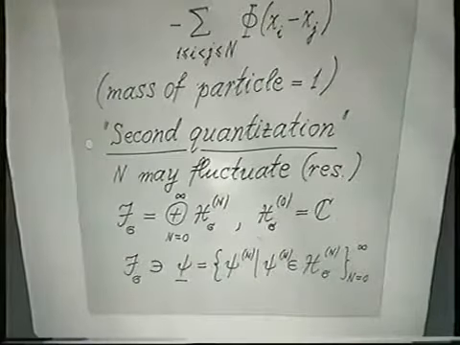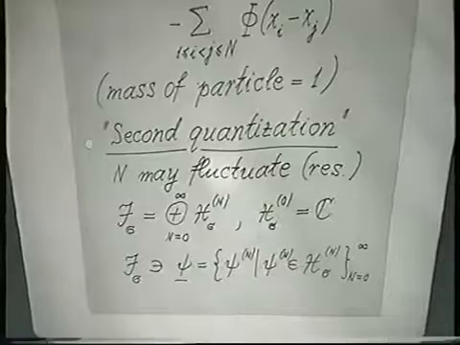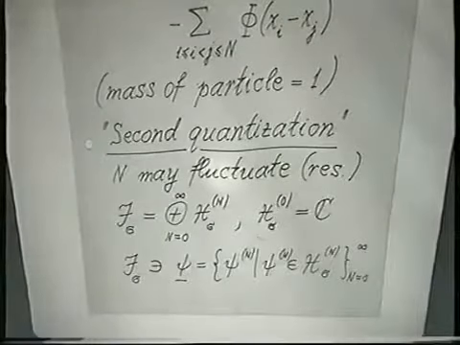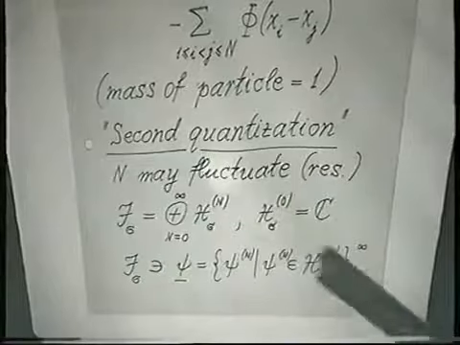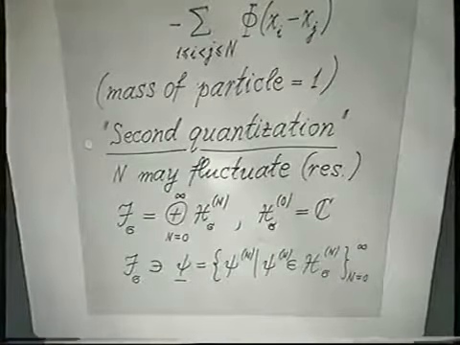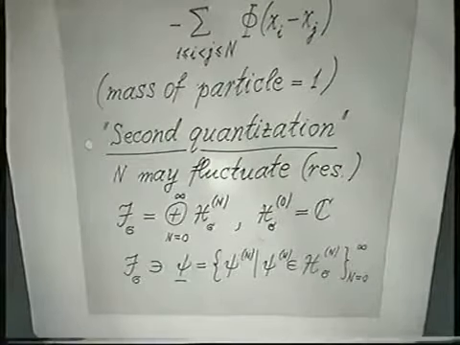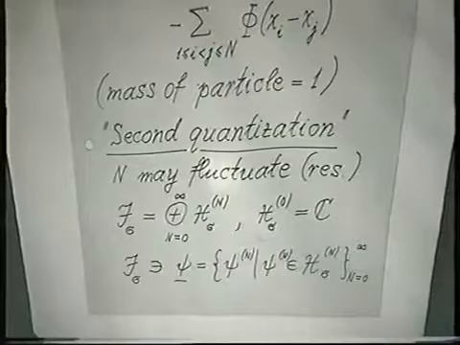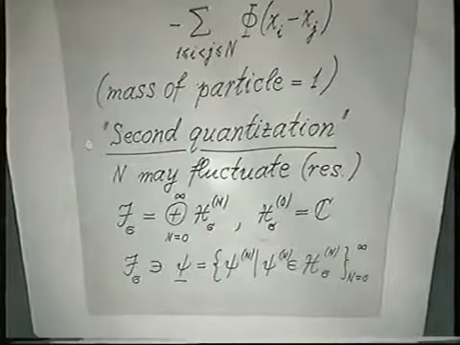Then n, capital N, the number of particles may fluctuate, and then it is advantageous to take as a state space the Fock space, that is the direct sum of all the n-particle spaces. The zero-particle space is simply the complex numbers. Vectors in the Fock space are sequences of n-particle wave functions where n is anything between 0 and infinity.